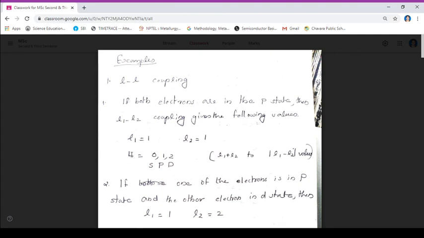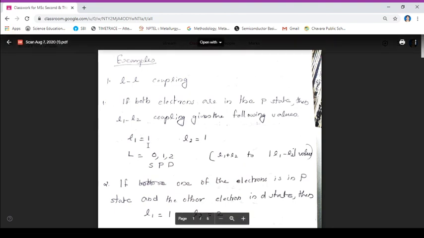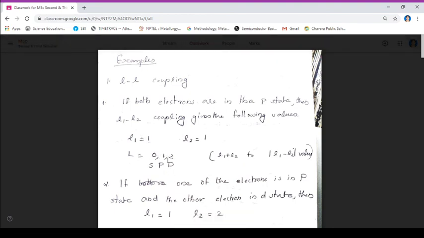Now L can have values from L1 plus L2 down to L1 minus L2, that means 2, 1, 0. These are the possible values of L. 0 stands for an S state, 1 stands for a P state, and 2 stands for a D state.